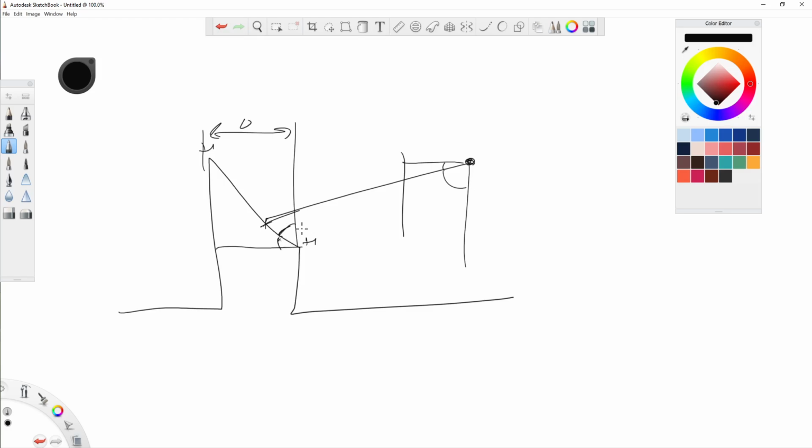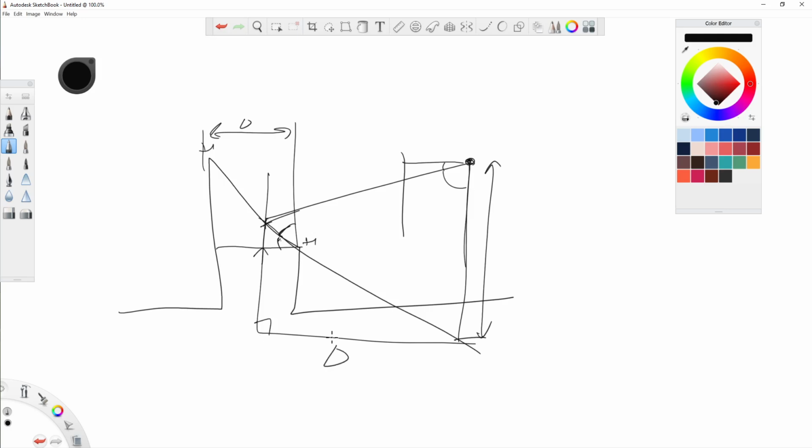Now when you think about it, in order to figure out this point here, which is the actual texture coordinate that we want, we need to essentially extend this line back to where the player is, and then we have here the distance up to the height of the eye line of the player, and we have these two angles, and we know that they will intersect at some distance here. And it's that distance value that we're trying to get.